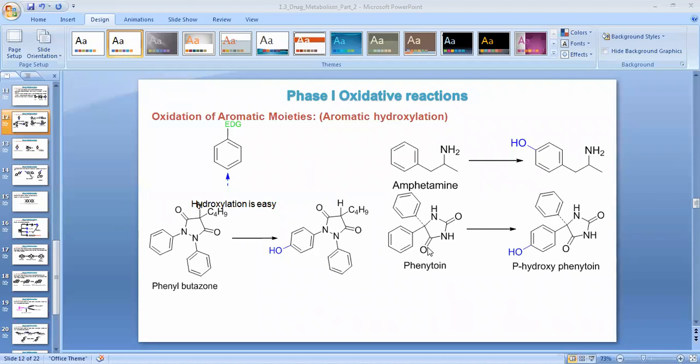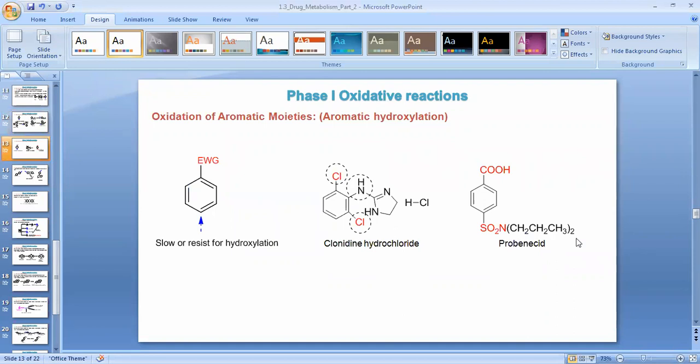So various drug molecules, or particularly the ring structures of these drug molecules, are biotransformed and made easily available for metabolism through the hydroxylation reaction.